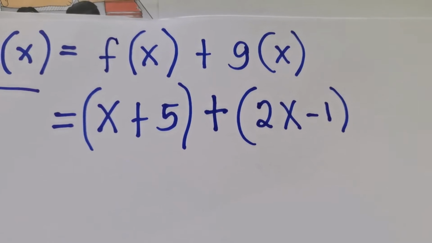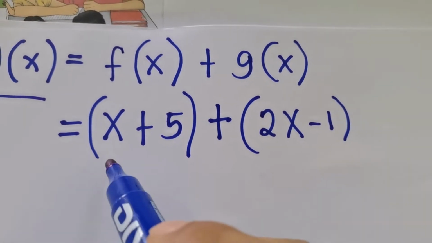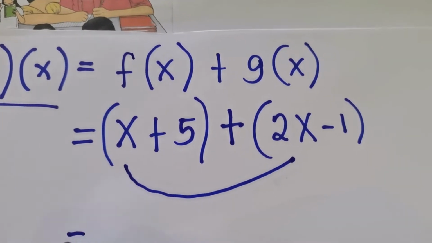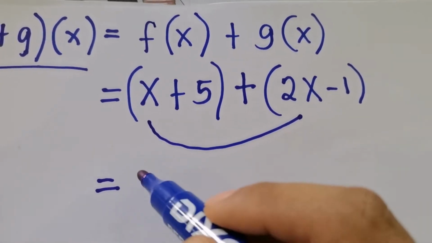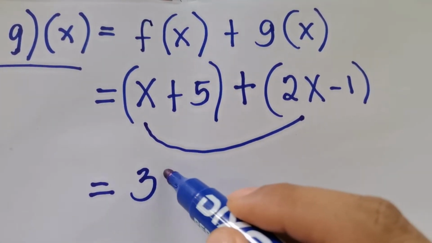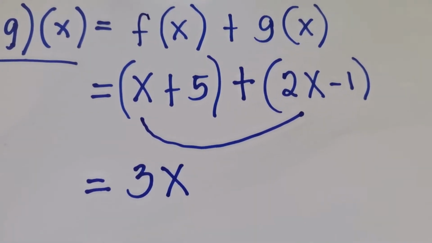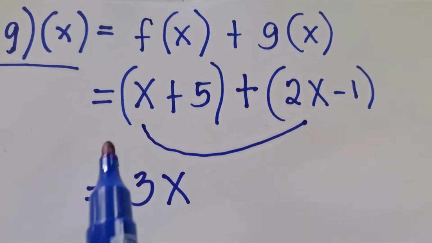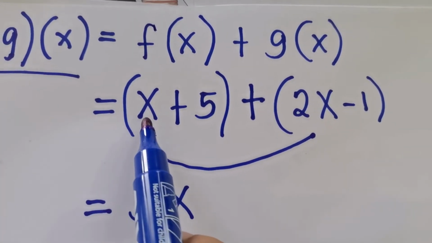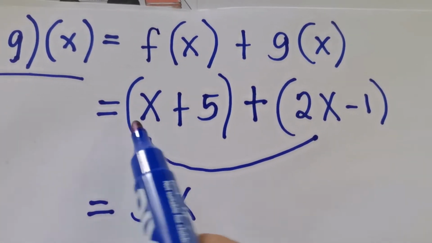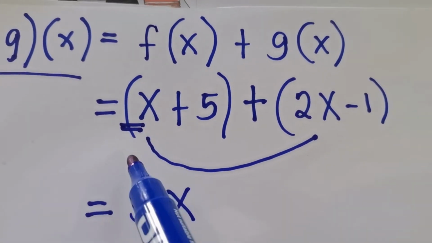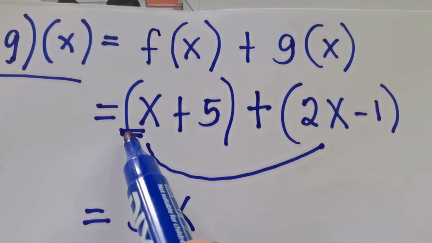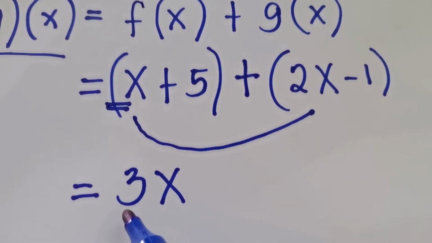Now let us combine like terms. So we have x and 2x, that is just equal to 3x. Why 3? We have x. X is understood to have 1 as numerical coefficient. And then we have 2x, that is 1 plus 2, that is 3.